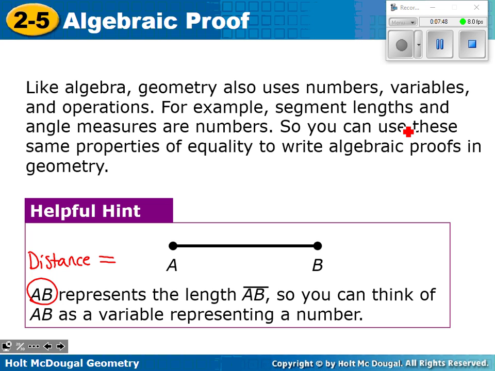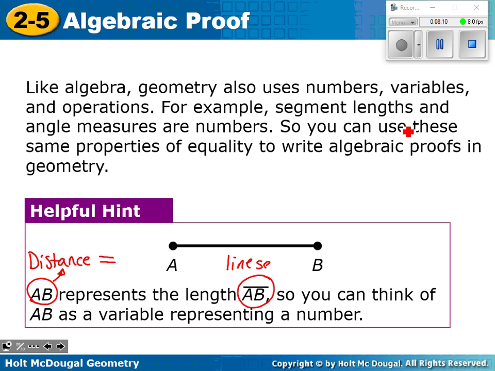So when you're using an equal sign, you're talking about a number value. You do not put a line segment above AB. If it's two capital letters side by side, that means distance, and you're going to use an equal sign, and you're talking about numbers. What does it mean when you have two capital letters with a segment written above it? It's a line segment.